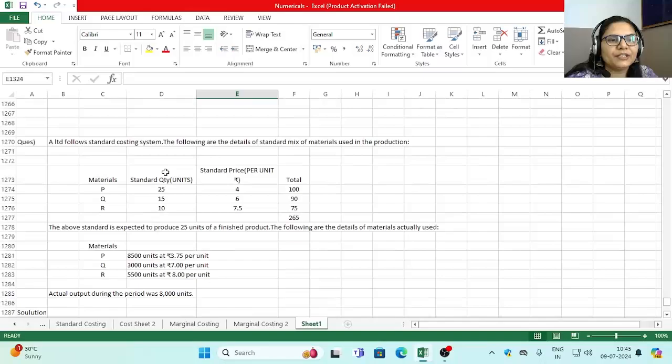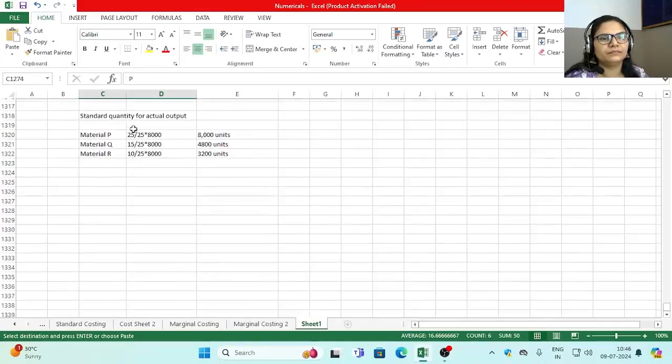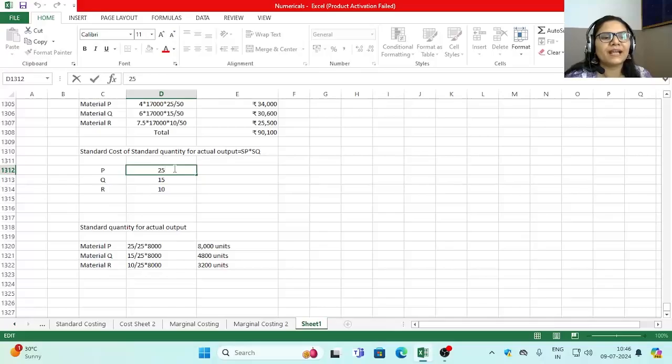We know standard price is 25. Standard quantity, we all know, is given in the question.